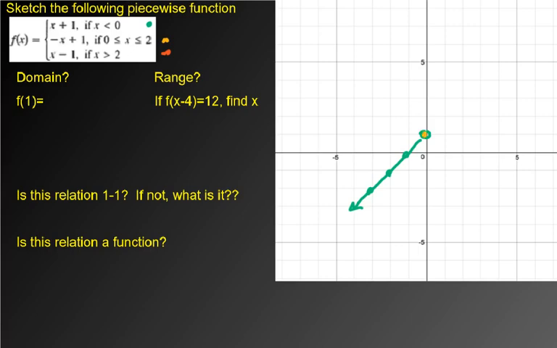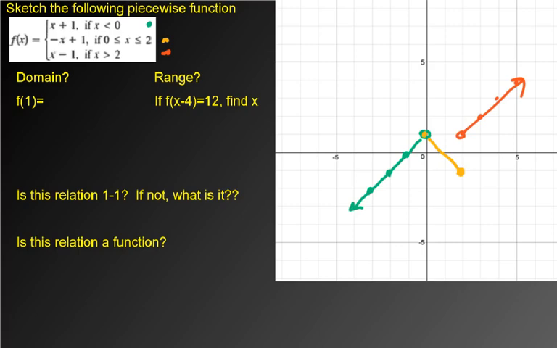That fills in my open circle. Then negative 2 plus 1 is negative 1. So it's right there. And then solid on both, connect the dots. That's the middle piece. Same thing for the last one. 2 minus 1 is 1. Open circle, slope of 1. So it's kind of just shooting off that way. So that'd be the graph.